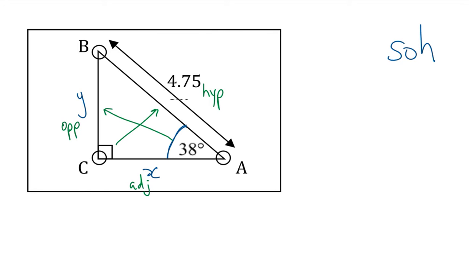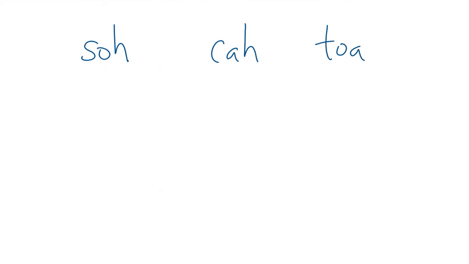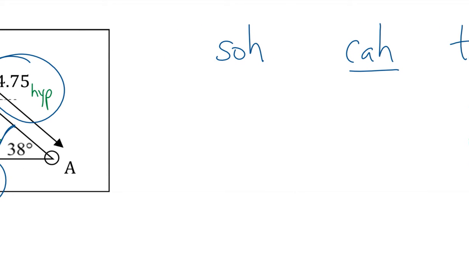And so now if I'm solving for x, now I can decide how I'm going to do that, which ratio I'm going to use, which of the three formulas I'm going to use. So I know the hypotenuse, and in this case I'm looking for adjacent. So which one is hypotenuse and adjacent? And that's CAH, so cosine.